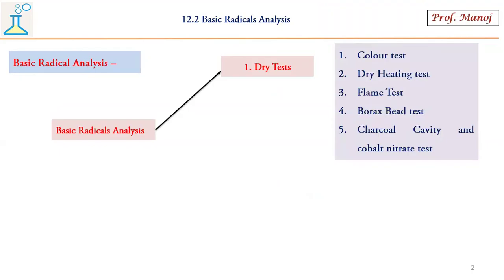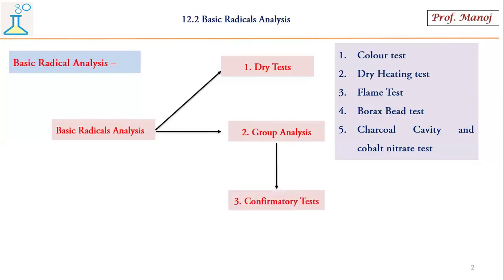Second is the dry heating test, then the flame test, borax bead test, and charcoal cavity test. Once we finish the dry tests, then we go for what is known as group analysis. And after that, we go for what is known as the CT or confirmatory test. So our topic will be divided into these 3 sections. First we begin with the 5 dry tests one by one.